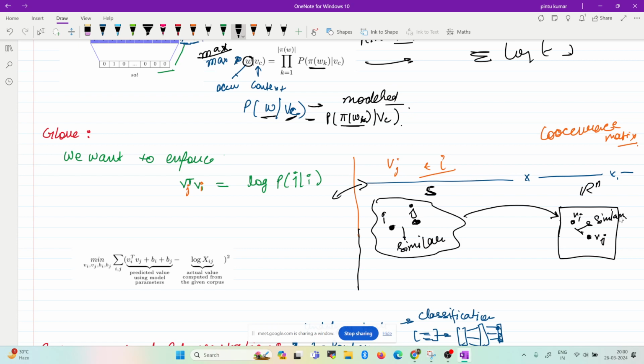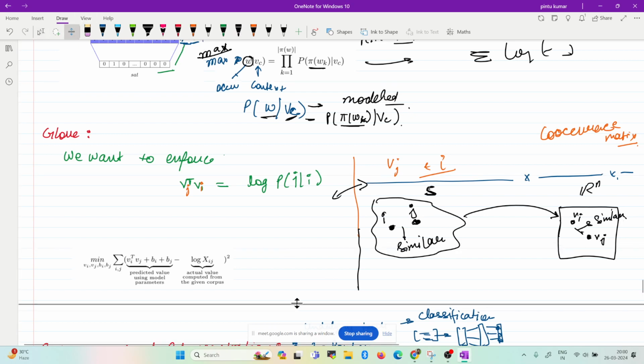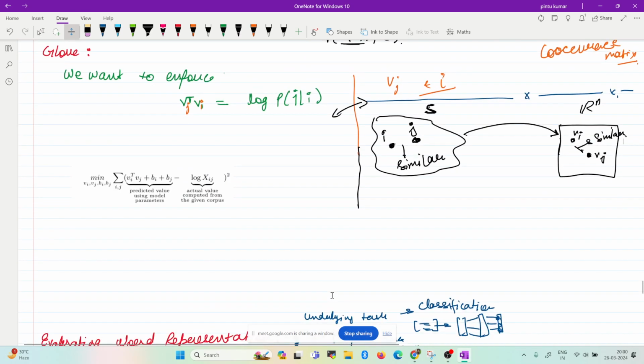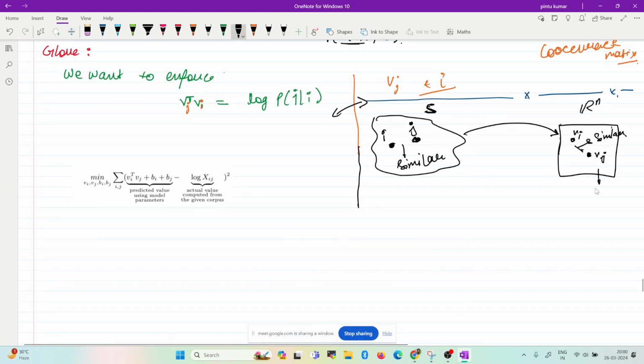This is not very much to demand. If two vectors are similar in the original space, what I want is that they should also be similar in my embedded space, or the representation space. This space is also known as the embedding space.